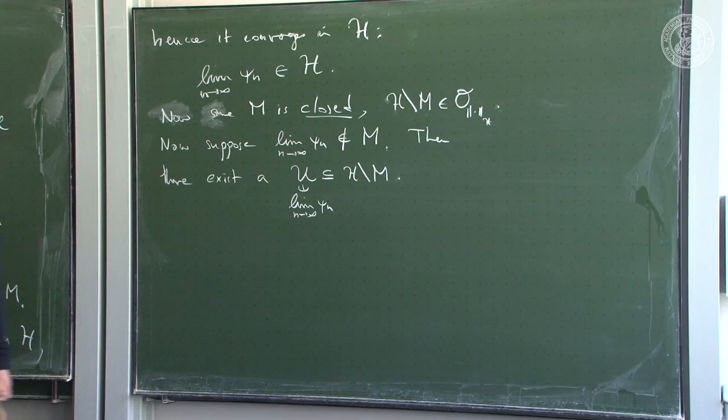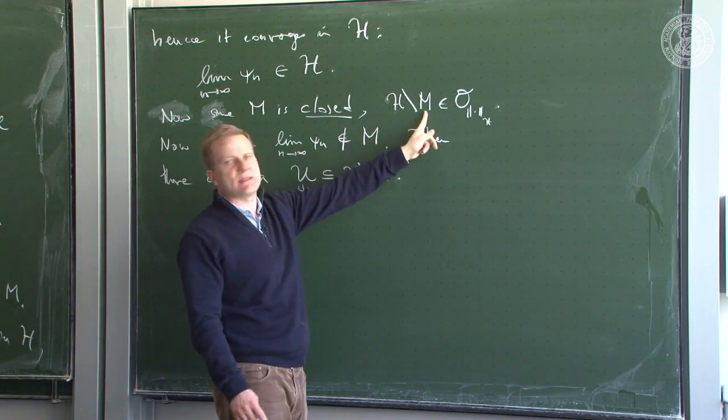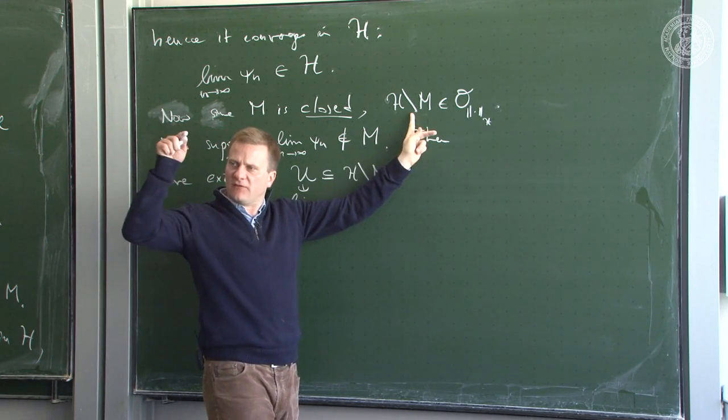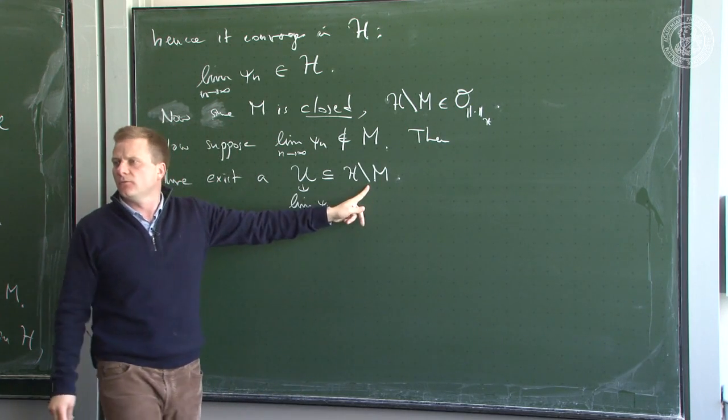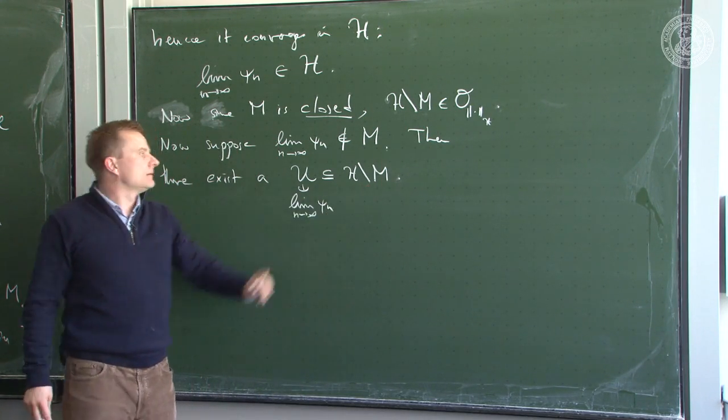Because if H without M is open and I have a point that's not in M, therefore the limit is an element in H without M. Around every point of an open set, you find an open set that lies entirely within it.